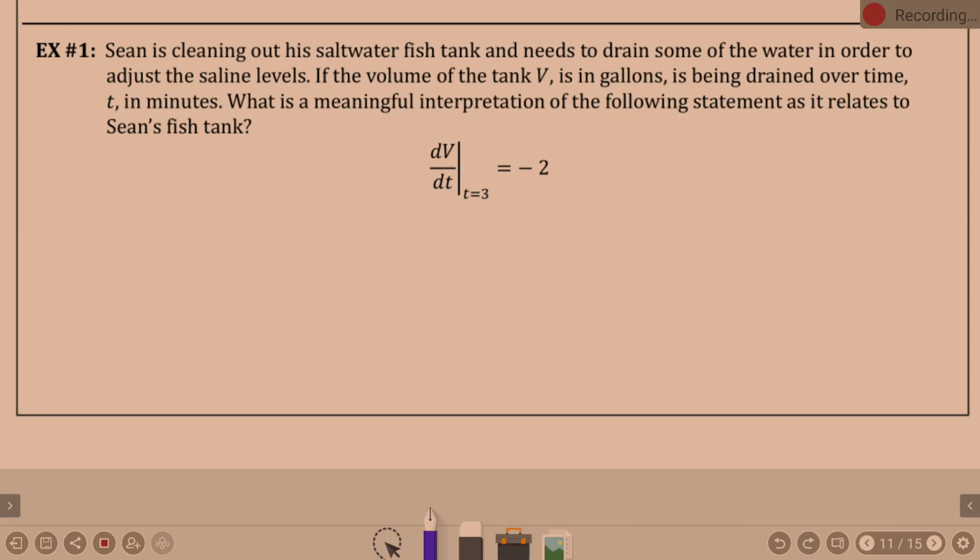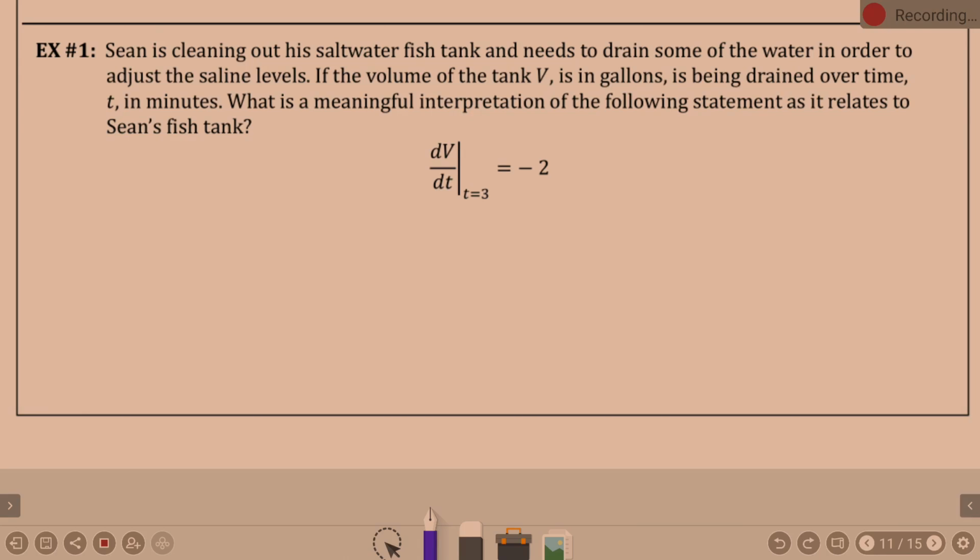So, Sean is cleaning out his saltwater tank and needs to drain some of the water in order to adjust the saline levels. If the volume of the tank V, in gallons, is being drained over time t in minutes, what is the meaningful interpretation of the following statement as it relates to Sean's fish tank?